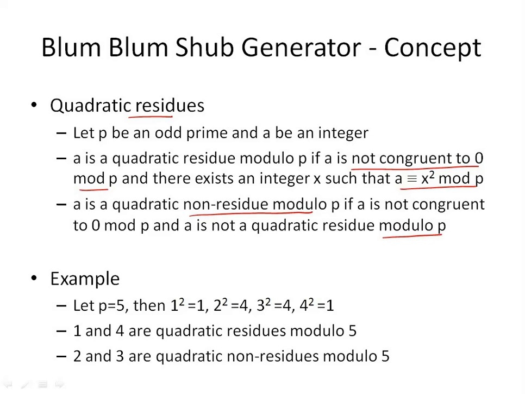Let us understand this concept with the help of an example. Suppose P is a prime number, P equal to 5.